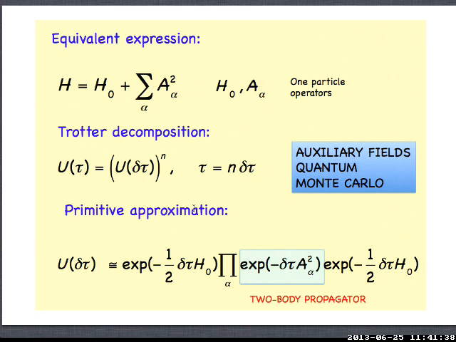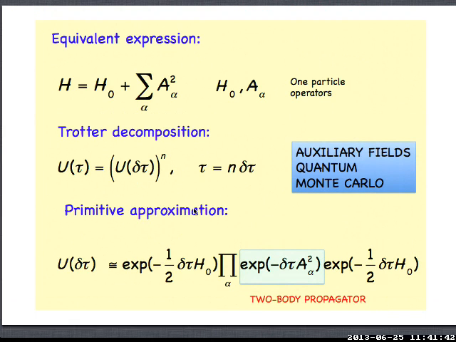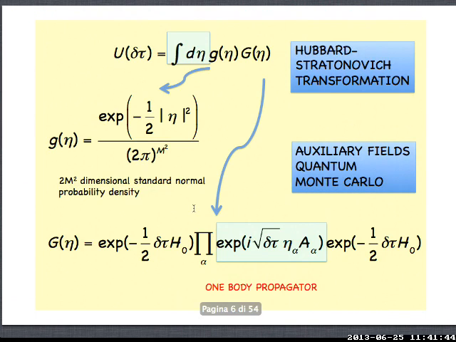And the key point is the following: this operator can actually be written out exactly as an integral over subsidiary variables, typically named auxiliary fields, weighted by a Gaussian multidimensional measure.